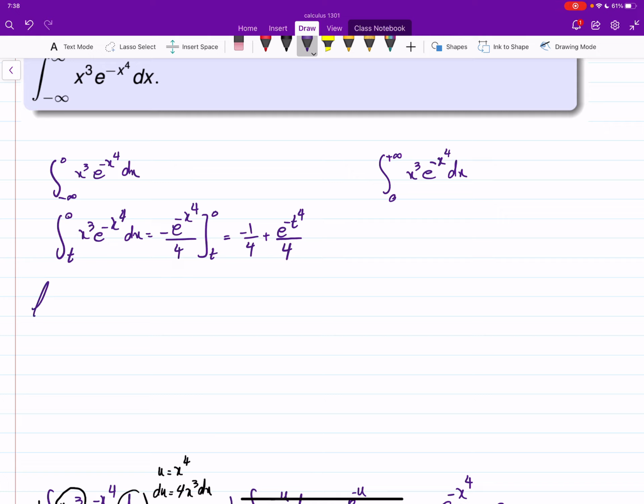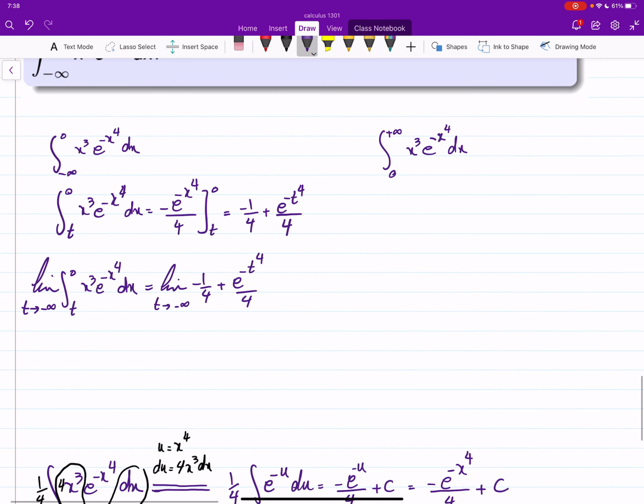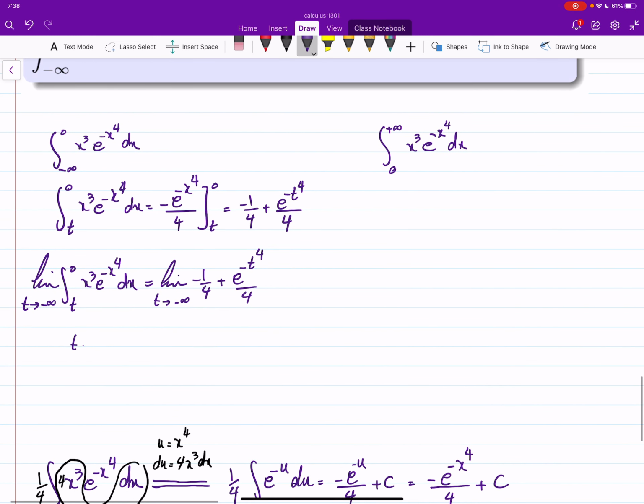Then find the limit of this integral as t goes to negative infinity. This will be the same thing as finding the limit of this guy here as t goes to negative infinity. Well, here you have to note that when t goes to negative infinity, t to the power 4 goes to plus infinity.